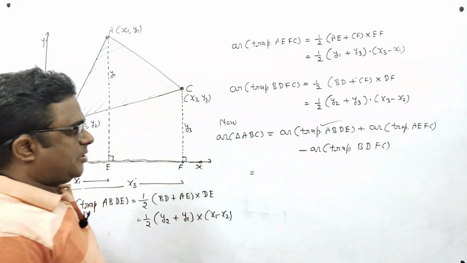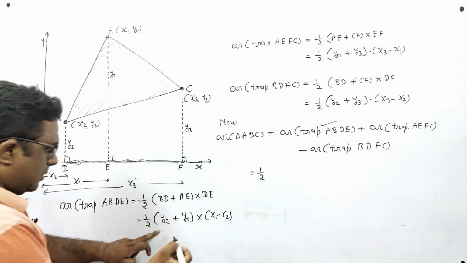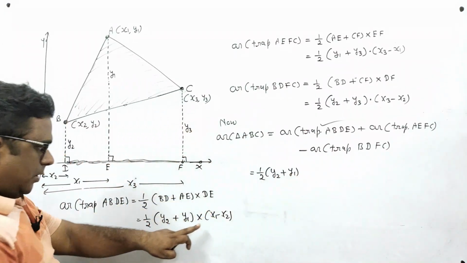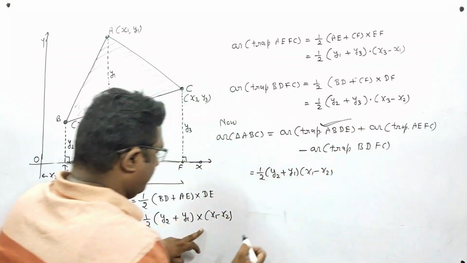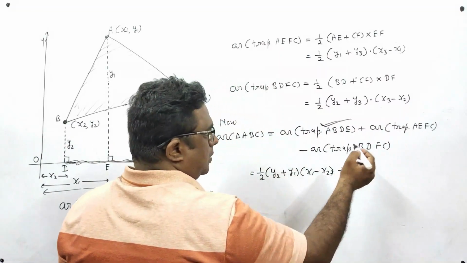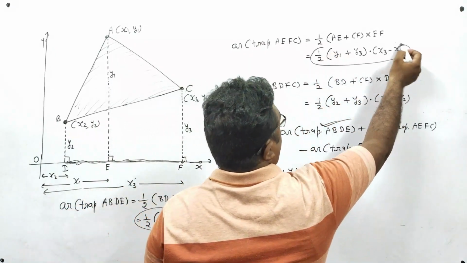What is the area of this trapezium? I got this area here. So half, y2 plus y1, into x1 minus x2. The area of this trapezium was obtained here. Plus the area of trapezium AEFC, it came here.